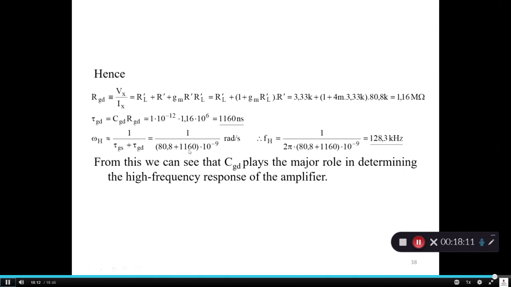So this one is more effective. So when you are calculating the tau due to the CGD, you have to be very careful, because if in place of 1160 you are getting 1000 or 2000, then the total value will change. So you have to be careful about the calculation for the frequency response when you are using the CGD.